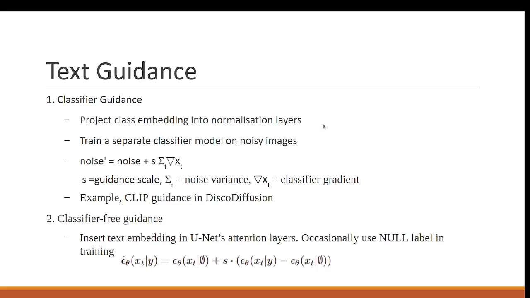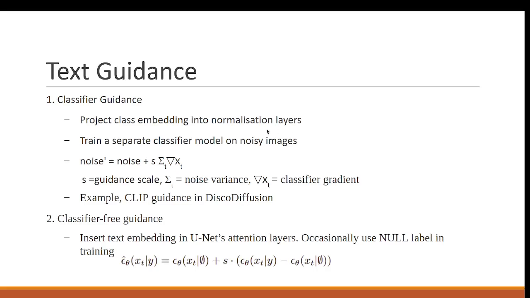They train that classifier with noisy images, because as we know, in a diffusion model every step is getting noisy, and a vanilla off-the-shelf classifier may not work that well when we feed in the noisy image.